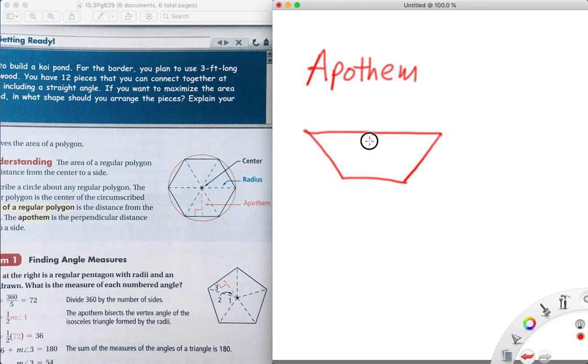This is my radius from the center of this half of the hexagon to the corner. Remember that these corners are also touching our inscribed circle. So that's our center in the middle, and this would be our radius.